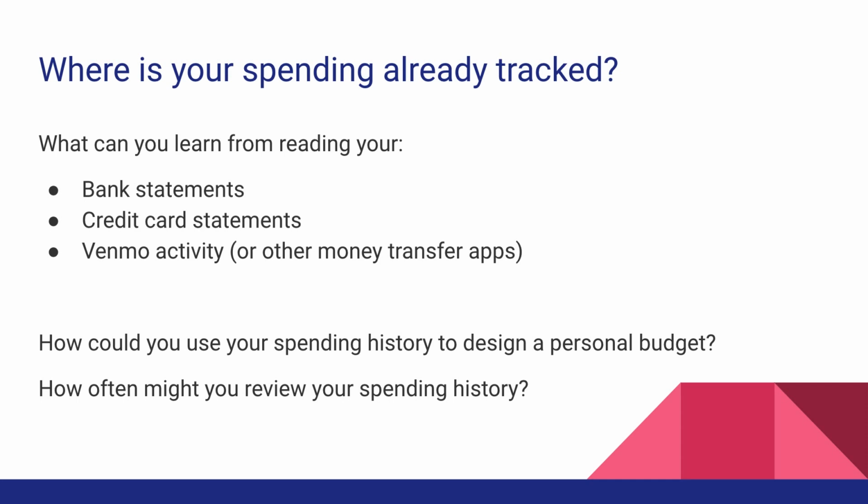So there are different ways in which you can track your expenses, okay? You can read, for example, bank statements, credit card statements, Venmo activity for those who use it, or there might be other tools, okay? Just to let you know, I'm going to use this during this weekend because I need to take a look at my finances for the last few months.